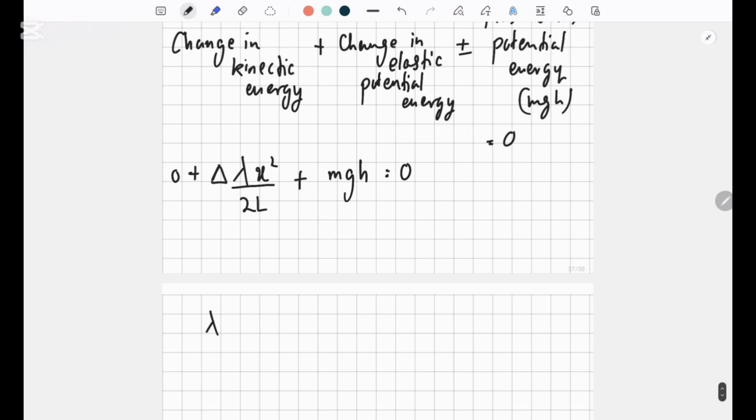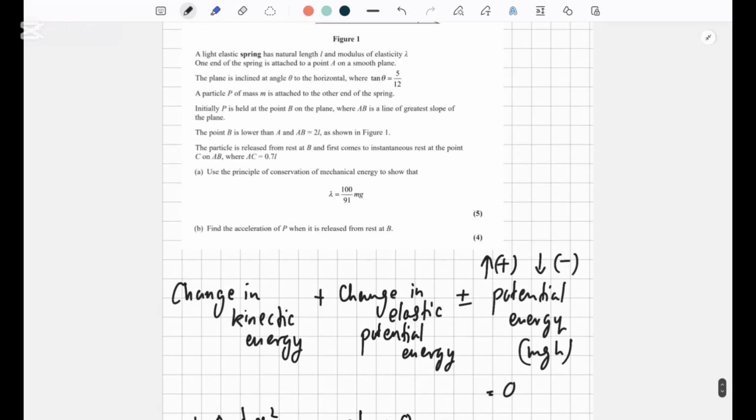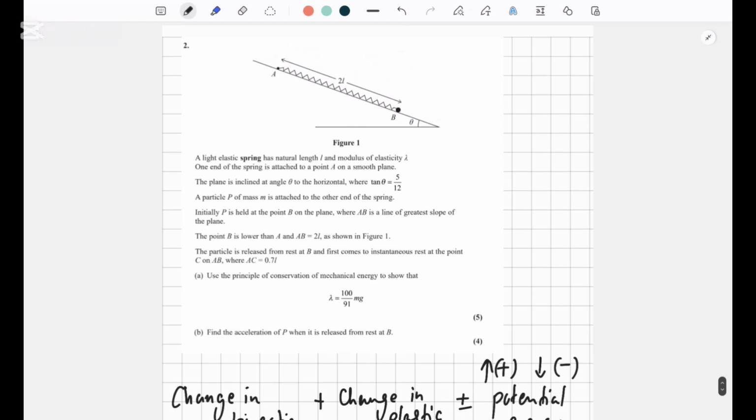Change is final minus initial, so lambda x squared. This time AC is 0.7L, so it's 0.7L. So it's below the natural length. The natural length is L.